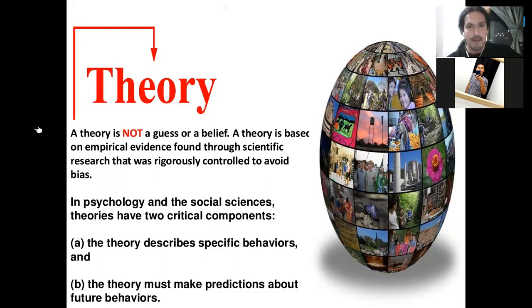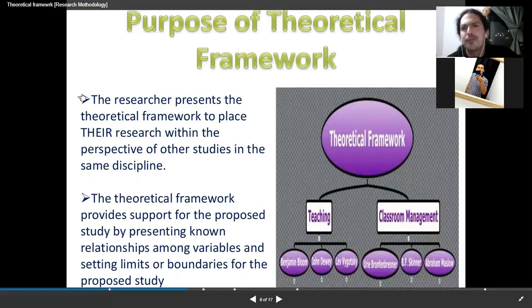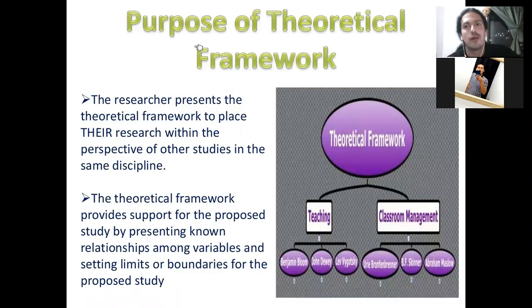Okay. Now, what is the purpose? Let's try to understand this part, and maybe you're going to clarify your ideas here. What's that? The future predictions. What is expected to come? For example, oral production. How do you start a course with oral production?